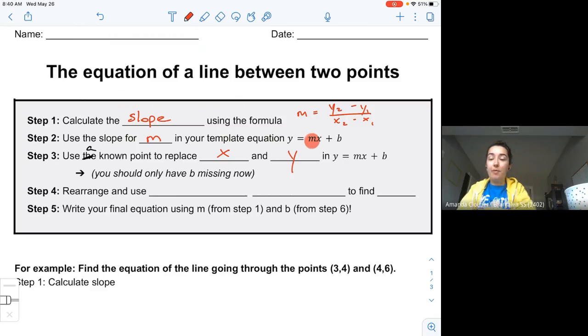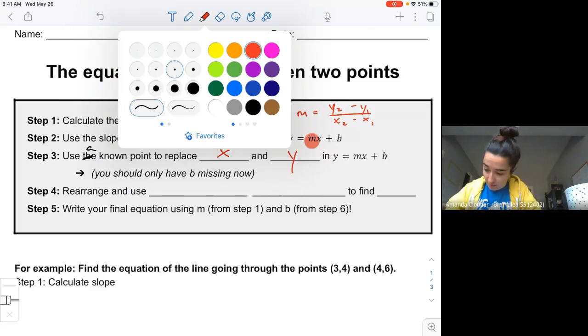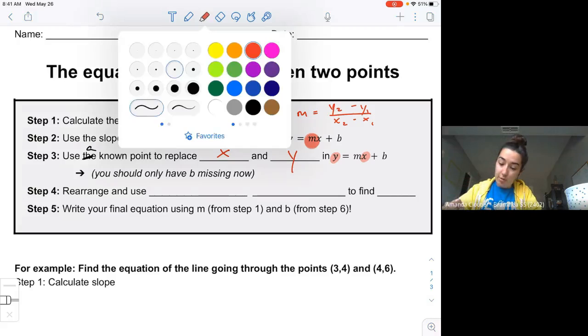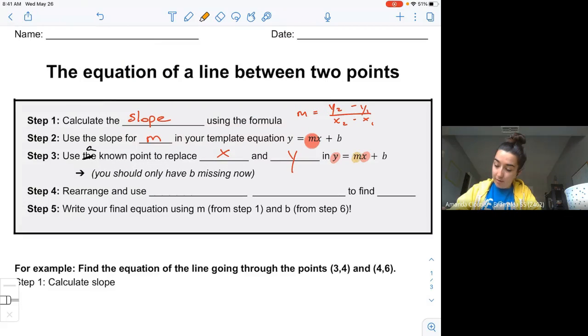Once we've calculated the slope, we're going to take a known point that we have, and we're going to replace x and y in the same equation, y is mx plus b. So we're going to replace this and this. We had already replaced m from above. So now you can see the only letter that you should have in this equation is b. You're going to have this weird plus b hanging around at the side there.